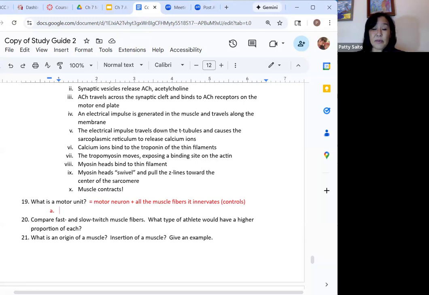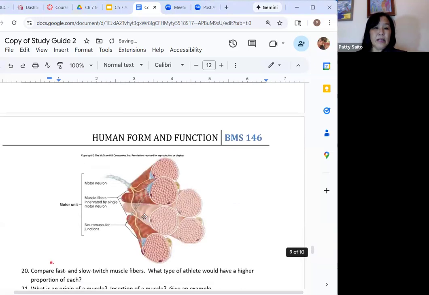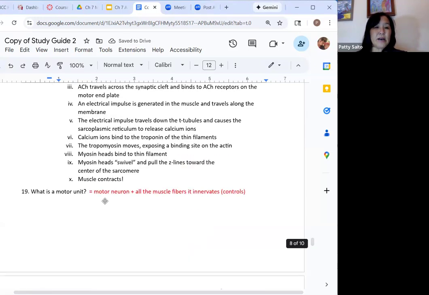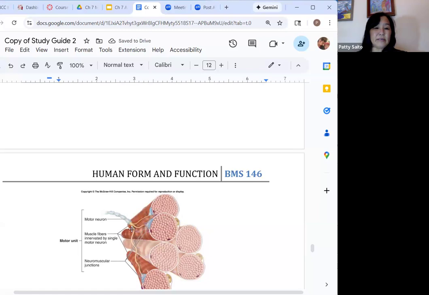Let me bring up a picture. Here is the motor neuron. But a single motor neuron can go to multiple muscle fibers. Some motor neurons can go to hundreds of muscle fibers, and some motor neurons go to one or two muscle fibers.